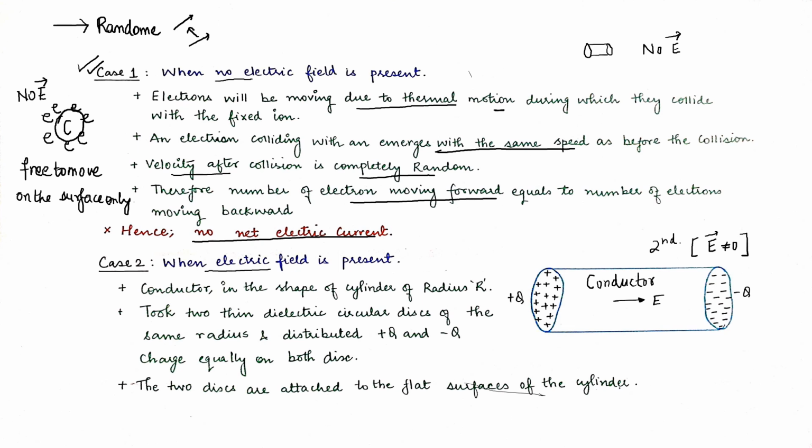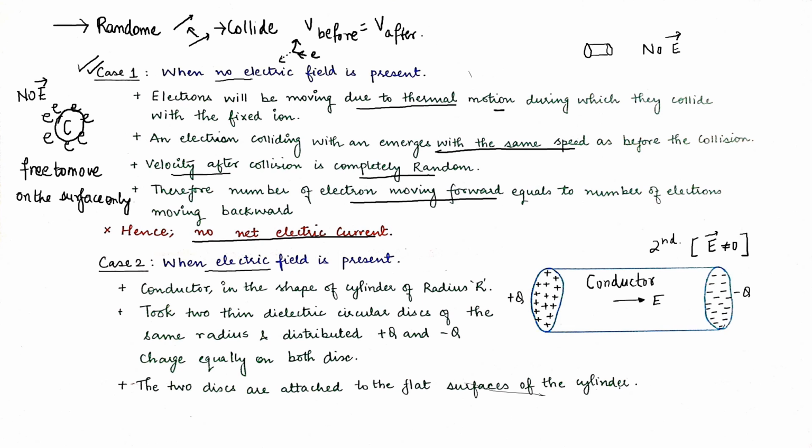In this random motion, they will collide with each other. So velocity before collision equals velocity after collision, because they are randomly moving and we do not know in which direction this electron moved. It can be this direction also. So overall, the electrons seem to have the same velocity.